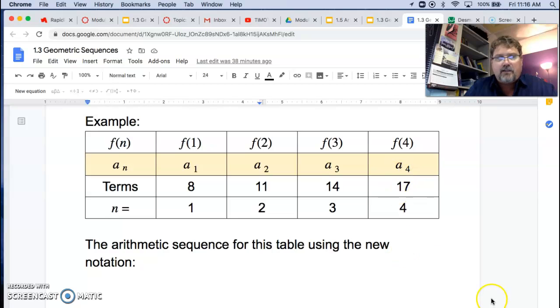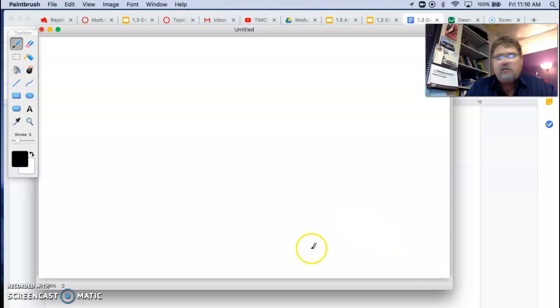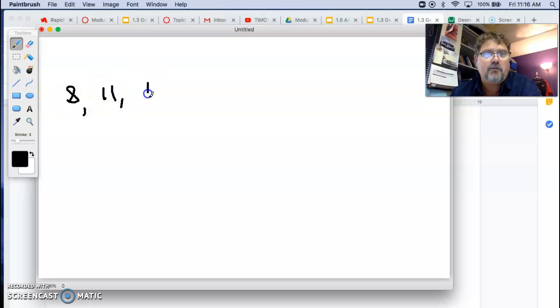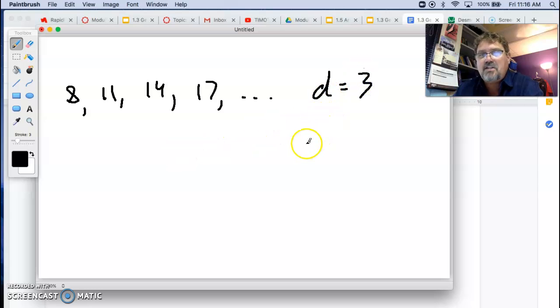So I'm going to take a look at this sequence, 8, 11, 14, 17, and we'll just compare and contrast it with the old notation. So if we're going to write a formula for the nth term, 8, 11, 14, 17, right? First, we got to determine what type it is. 11 minus 8 is 3, 3, 3. This is arithmetic. So we calculate that. Even with the new notation, nothing's changed.